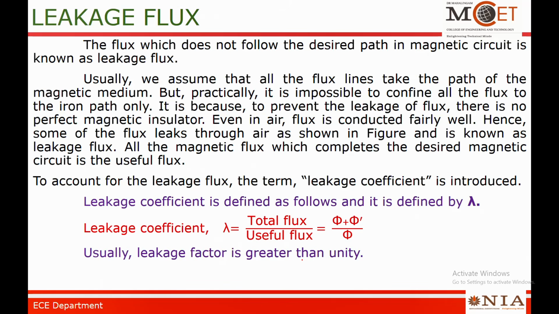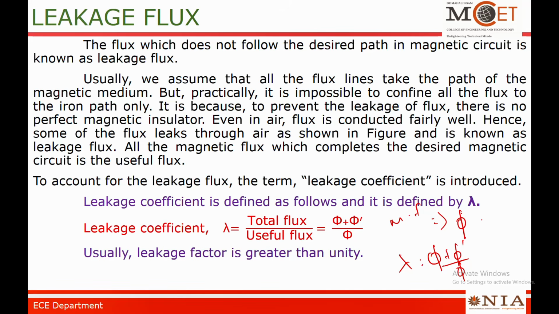According to composite magnetic materials, the leakage coefficient plays a major role. The leakage coefficient lambda is obtained in terms of the flux. Normally the magnetic flux is denoted by psi.